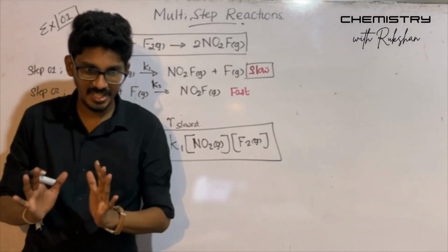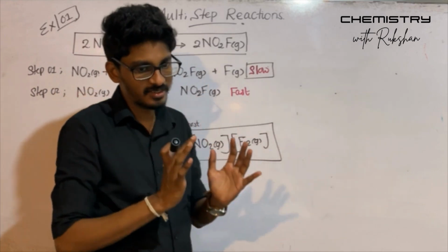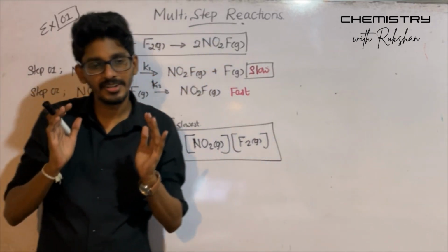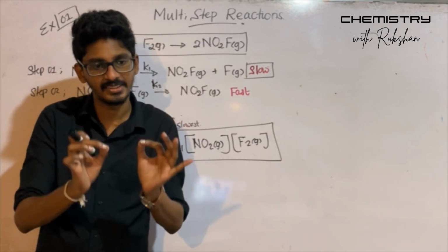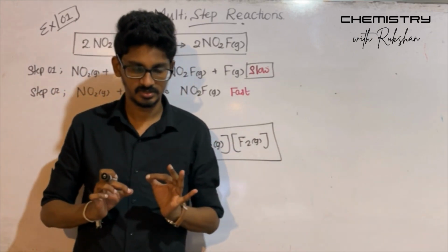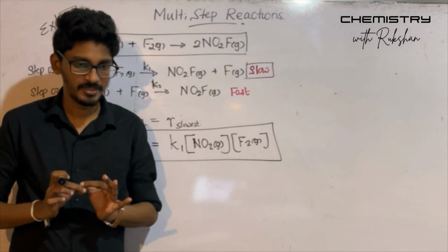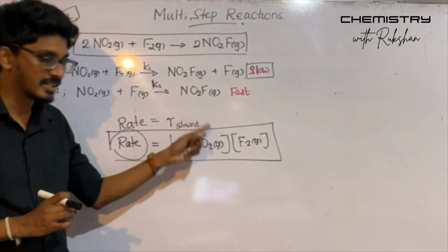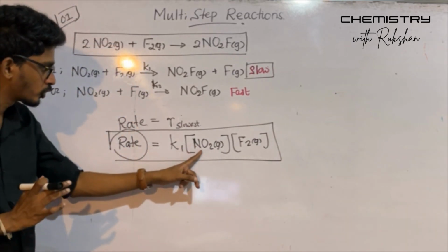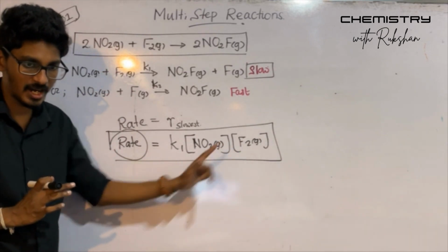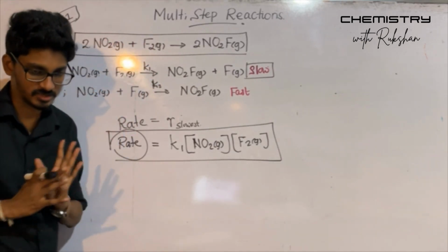If you are writing the rate law of the overall reaction, the rate law of the overall reaction should contain only the reactants of the overall reaction. So you have to check whether that is okay when you design it like this. In this case, the NO2 and F2 both are actual reactants of your overall reaction.